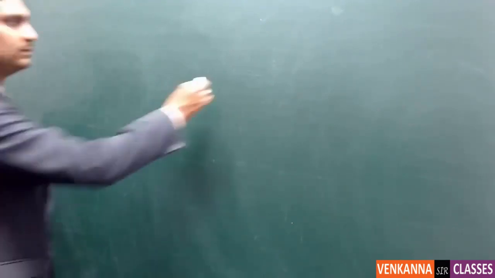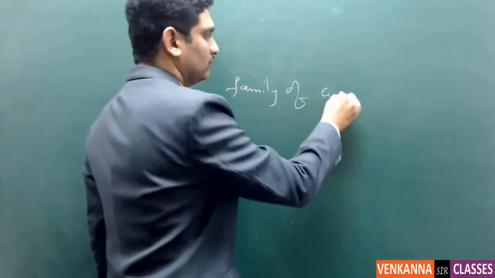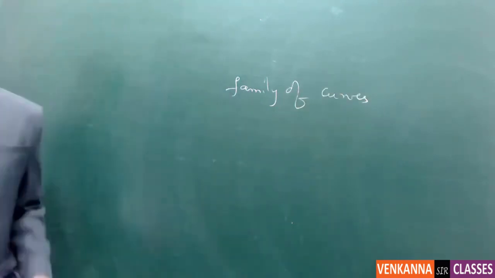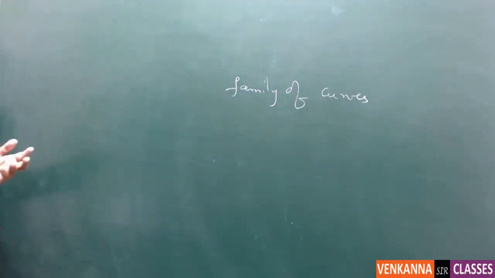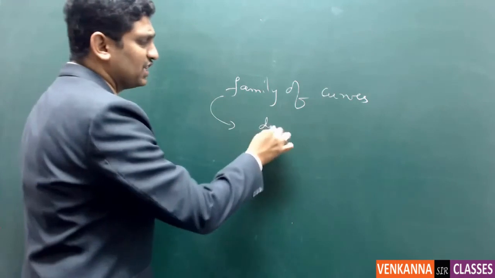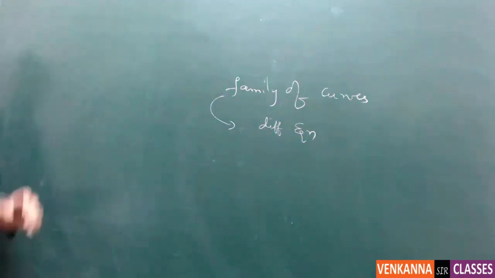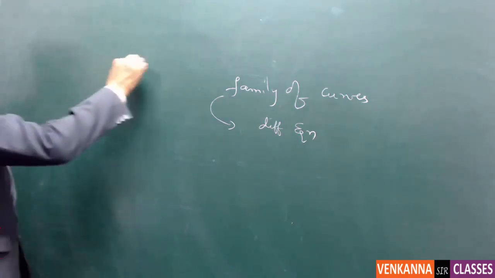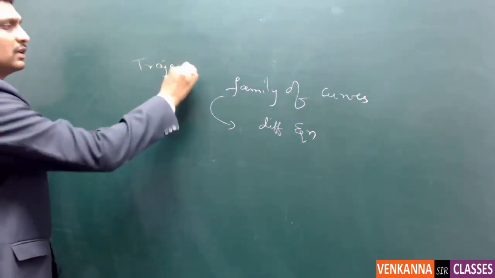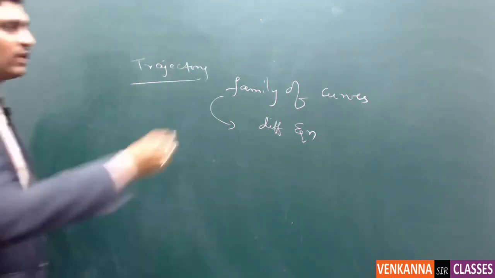Suppose a family of curves are given to us, having a parameter. So by eliminating the parameter, we are going to get the differential equation of it. Now we are going to find the trajectory, nothing but the curve of intersection for the given family.